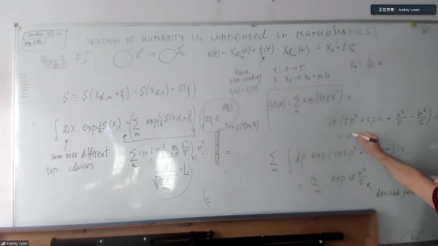So it is i pi tau times p plus n over tau, squared, minus i pi n squared over tau. And then I'm changing variables in the integral, and I actually reproduce this right-hand side.